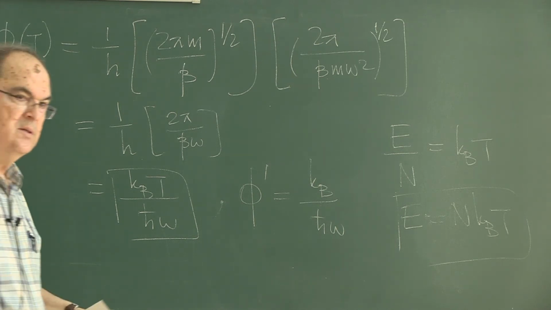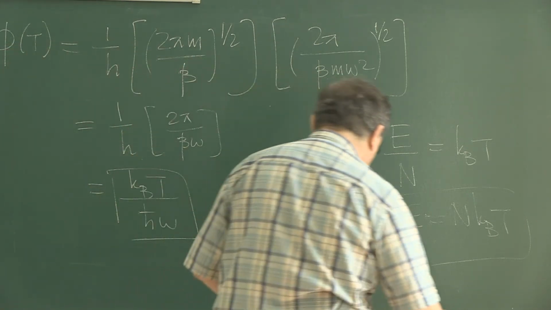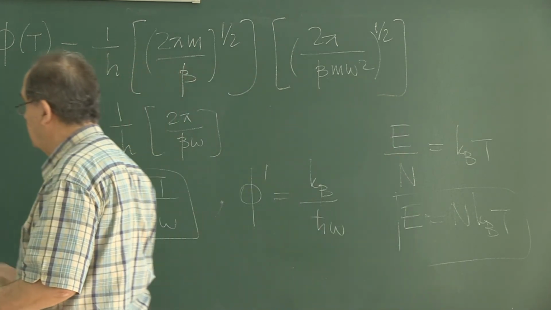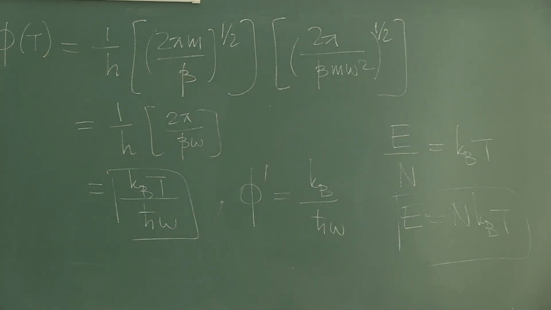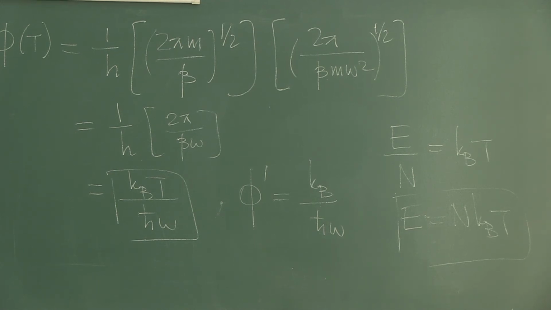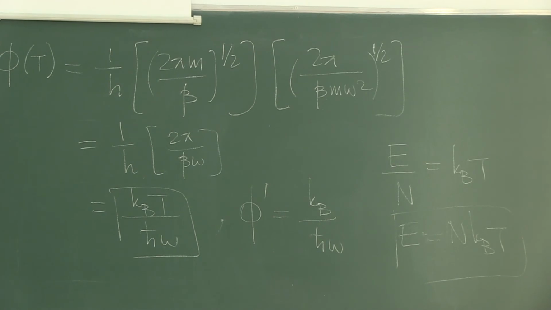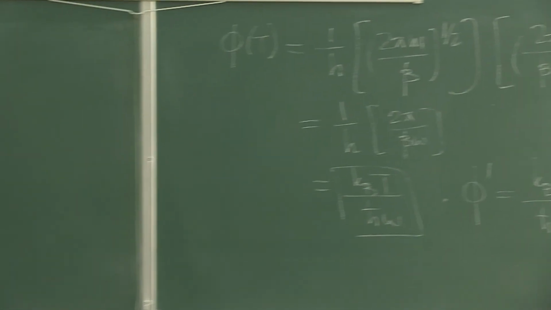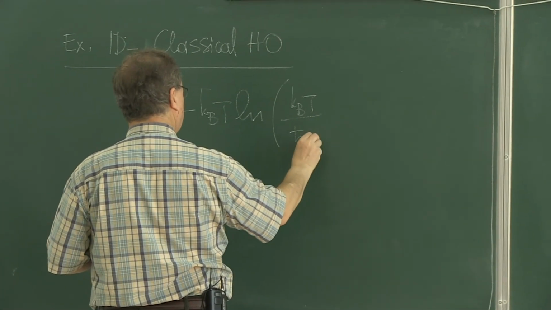You can repeat this for other thermodynamic quantities, and you get Helmholtz free energy, entropy, etc. for this classical problem. Helmholtz free energy per particle comes out to be minus kBT ln of kBT over h bar omega.